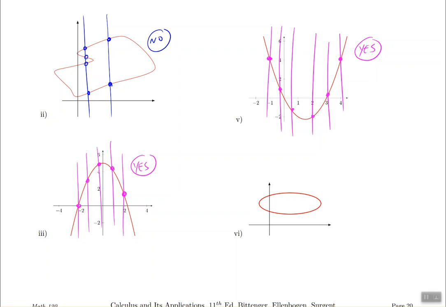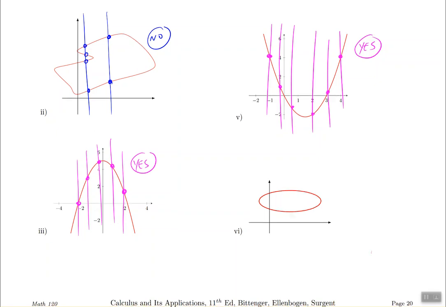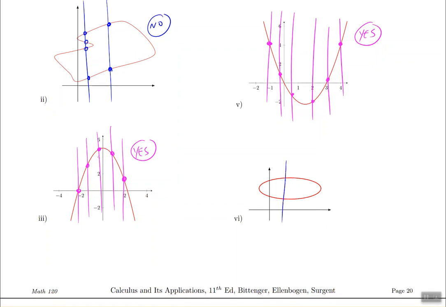Finally, the last shape is kind of an ellipse. Again, here we go. If I do one line, the line crosses twice. So that's enough for me to stop and say this thing is not a function. Now be careful. Some people will stick their line at the very, very start where it crosses only once. Again, remember, if it crosses once, it doesn't mean anything.